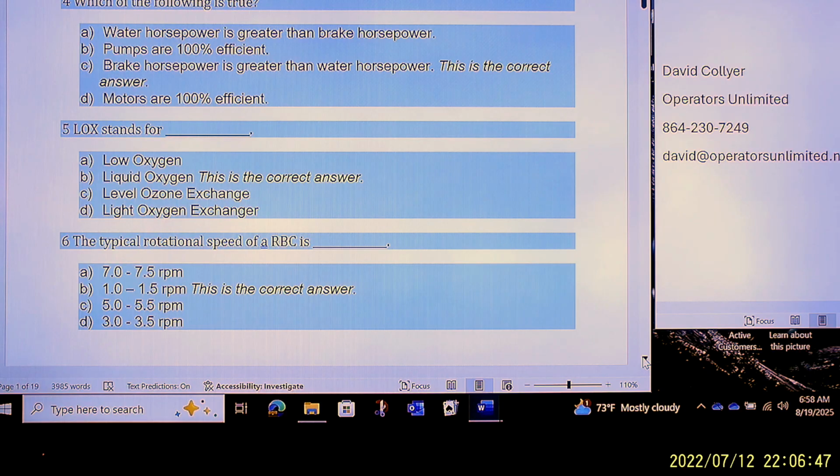On this one here, B and D can be scratched out because no pump and no motor is 100% efficient. The true answer to this is C, brake horsepower is greater than water horsepower. So the answer to 4 is C.